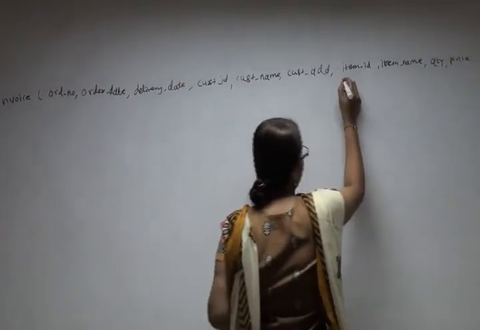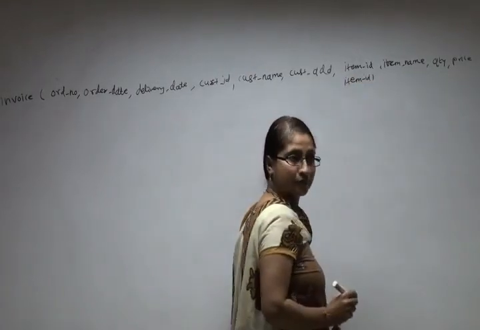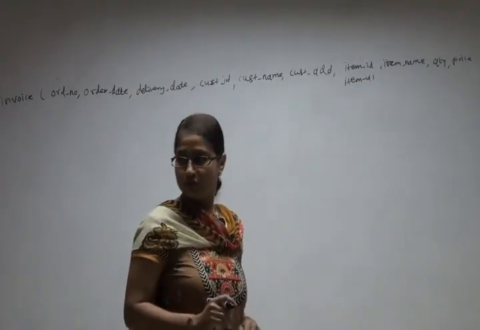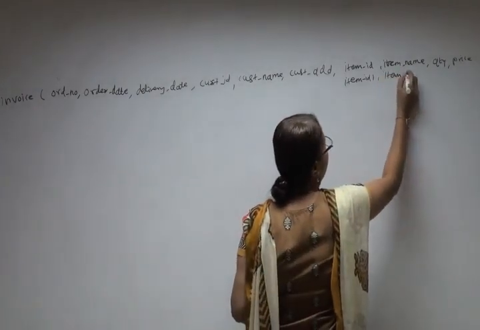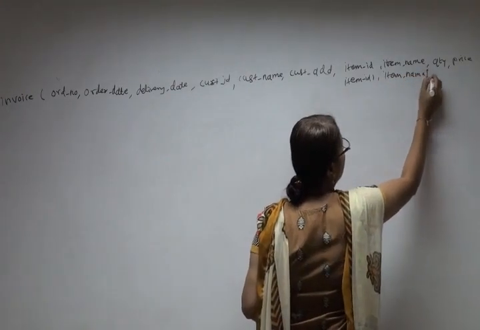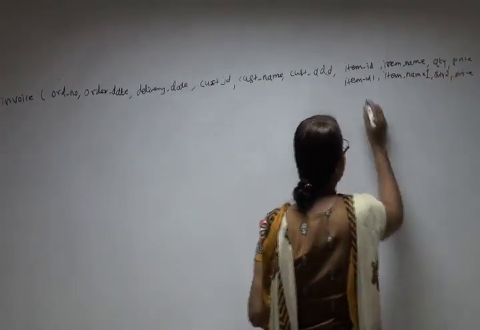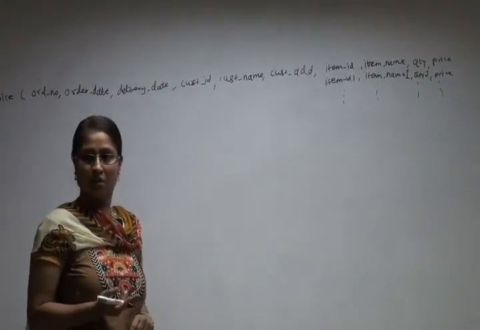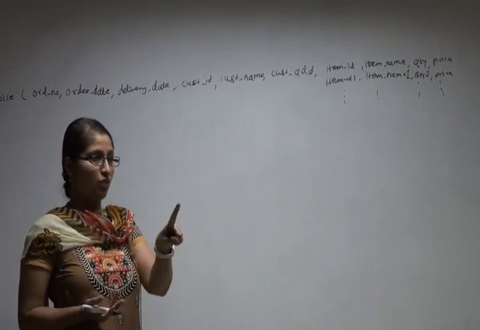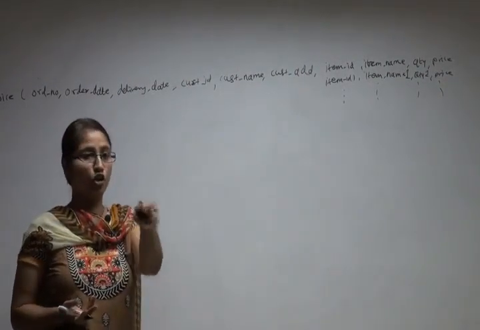Again we need to go for item ID 1. We cannot have the same column names, right? Then item name 1, quantity 1, price 1. Many? In one order there can be 1, in second order there can be 10, third order 5.